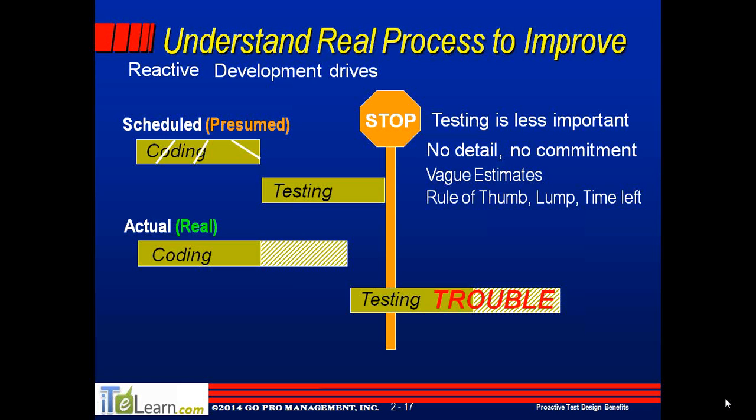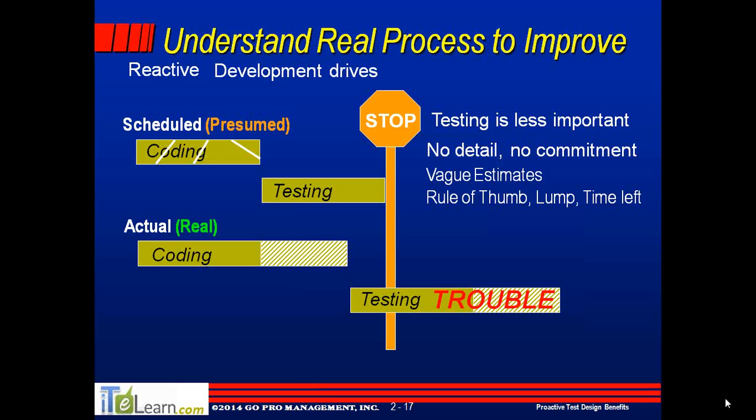The problem is there's no commitment to that rule of thumb, because if Module 1 takes 6 weeks to code, it's not going to be given 6 weeks to test. Instead of saying we have a month of testing for a month of coding, suddenly that rule of thumb slips. Oh, we'll have a week of testing for a month of coding, or a day of testing for a month of coding. So rules of thumb tend to slip.